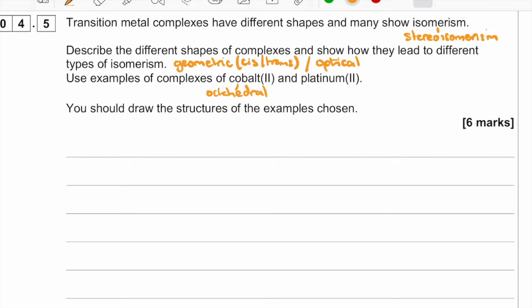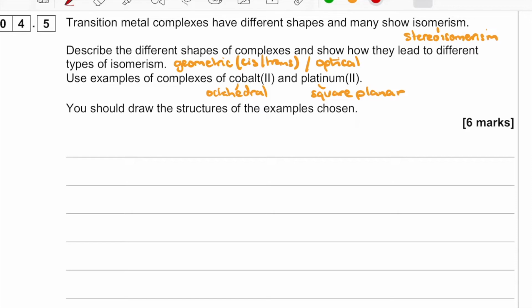And the point about platinum is that it forms square planar. So we have two different shapes here that we can use to illustrate our different types of stereoisomerism. Now they haven't told us stereoisomerism yet, so we've got a feature in our answer.